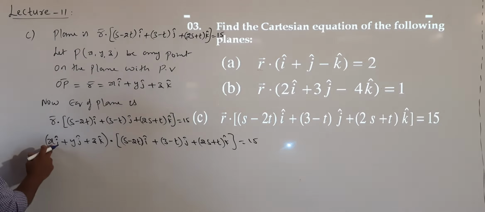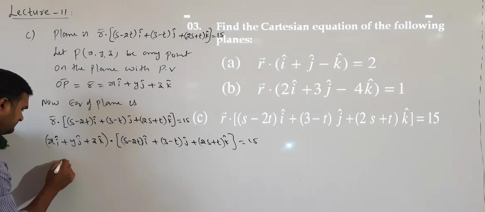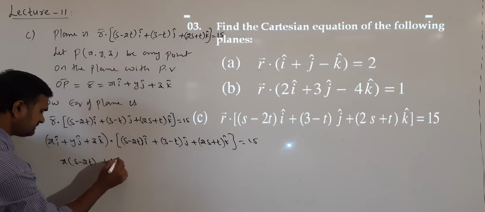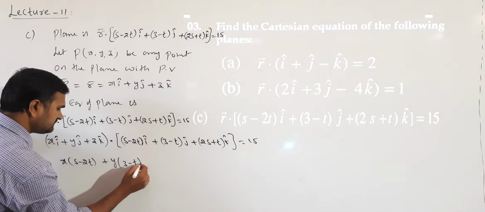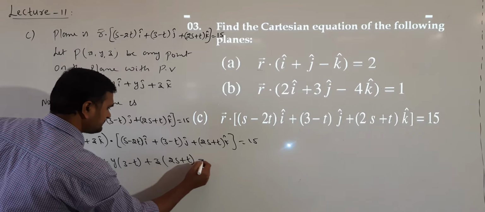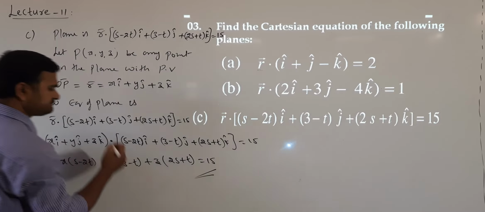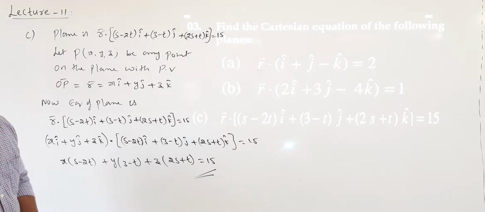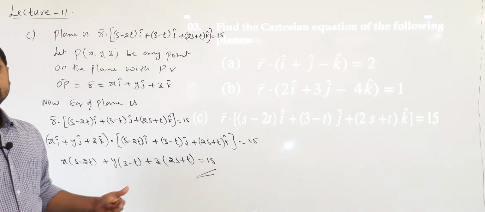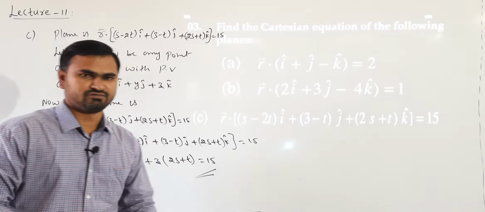So take the dot product: x into (s minus 2t) plus y into (3 minus t) plus z into (2s plus t) is equal to 15. No need to simplify further, it is in the form ax plus by plus cz is equal to d. This is the equation of the plane in normal form.